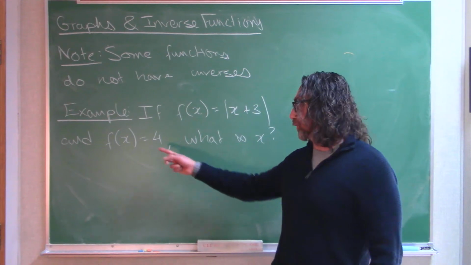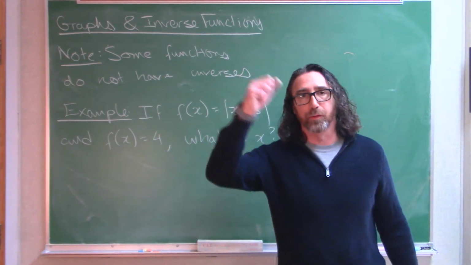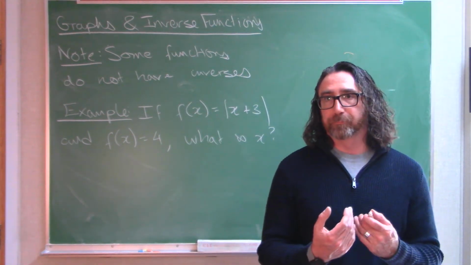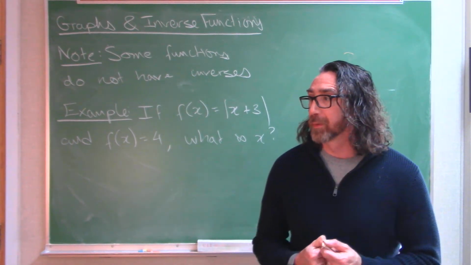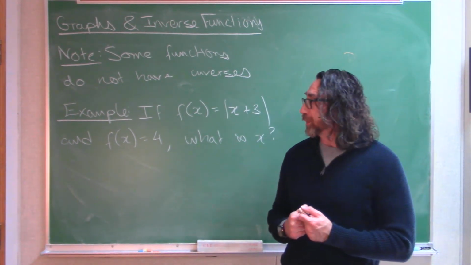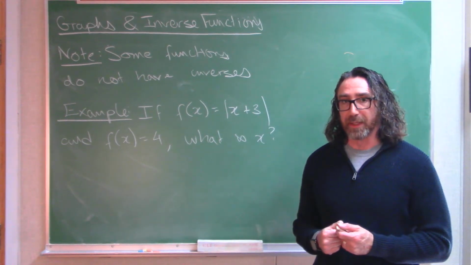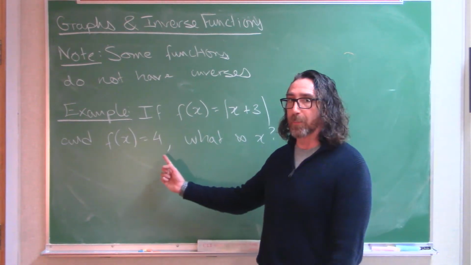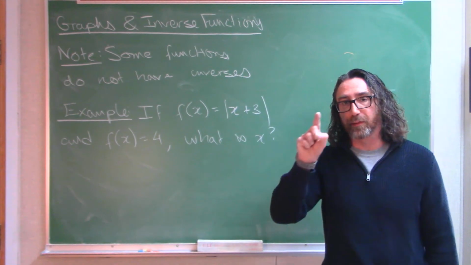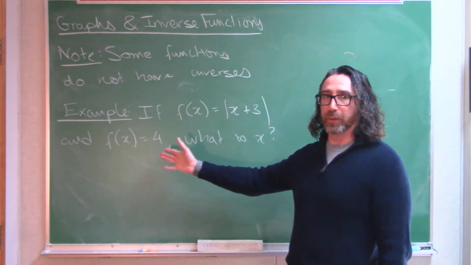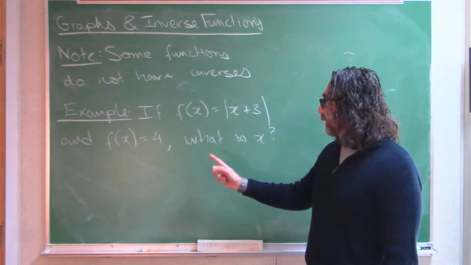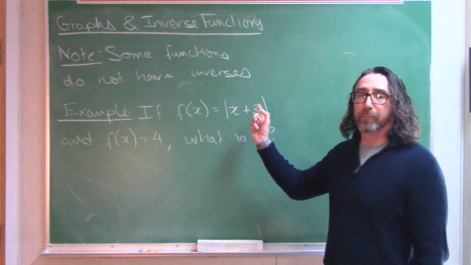In other words, I'm starting with the output, I want to work backwards. And that's the purpose of an inverse function. An inverse function is supposed to start with the output and give us the input that produced such an output. Now you might say, okay, well that's an easy one, Dr. Mack. You got 4 out, you put in 1.